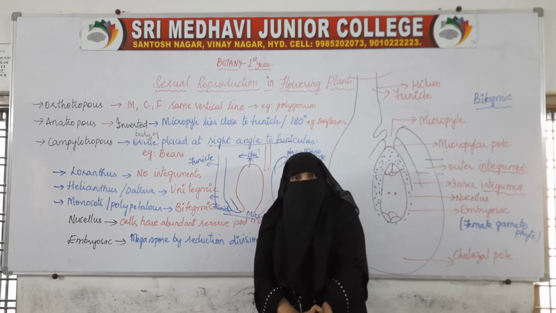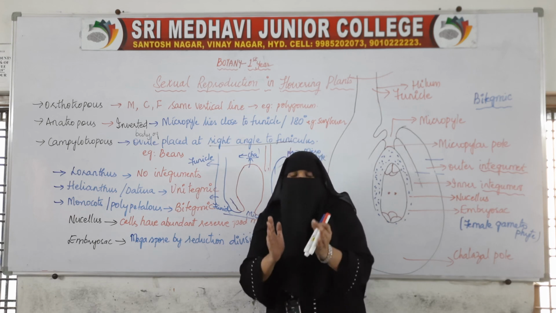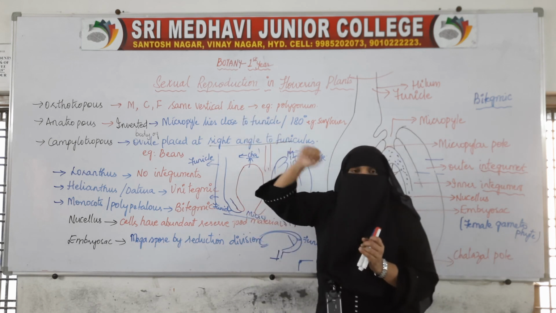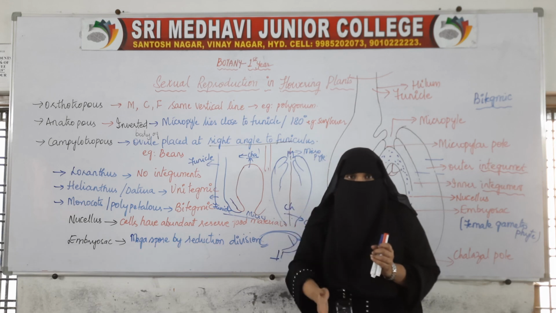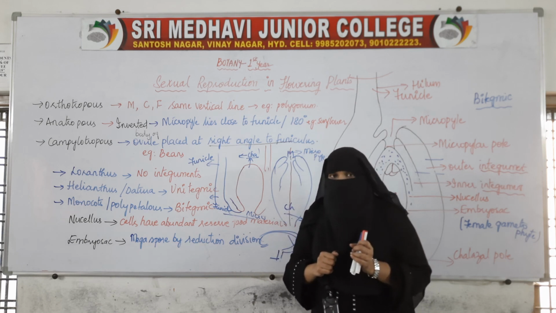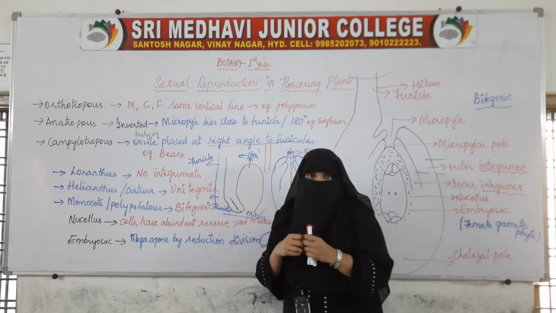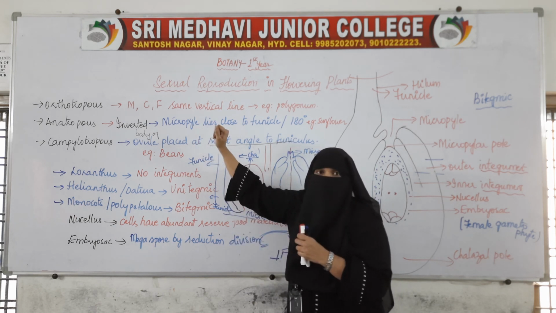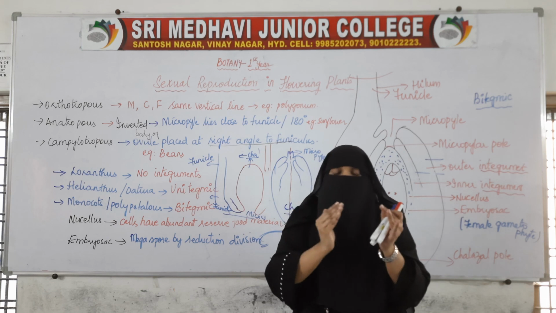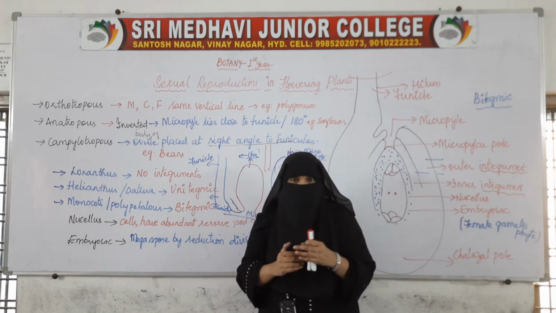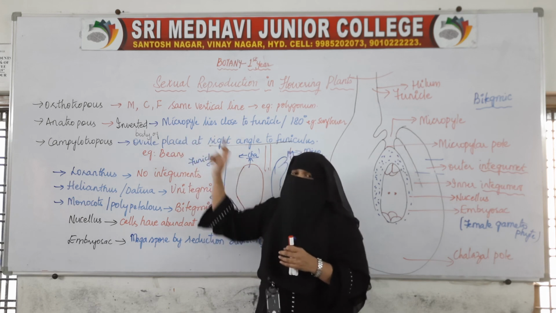The structure of the ovule will be the same, but it depends on how it is placed. If all three, that is funicle, micropyle and chalaza, are on the same vertical line, then it is called orthotropous. The inverted orthotropous ovule with the funicle lying very close to the micropyle at 180 degree angle is anatropous.